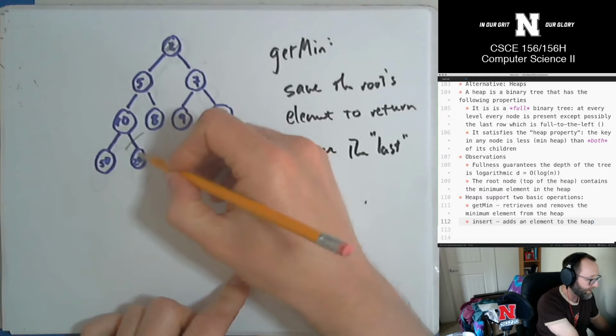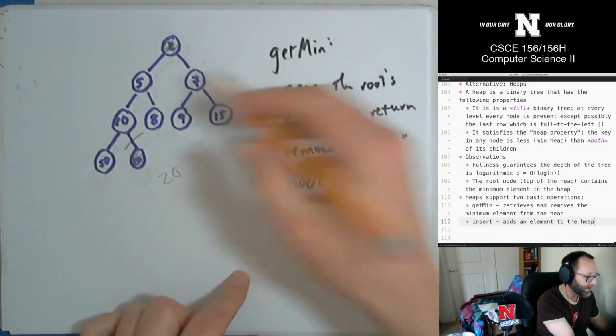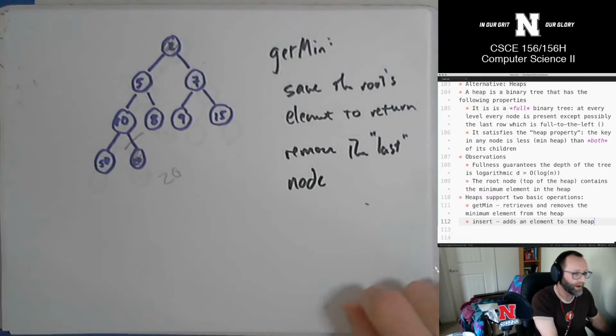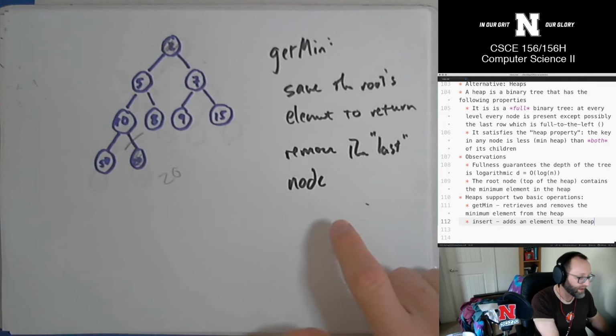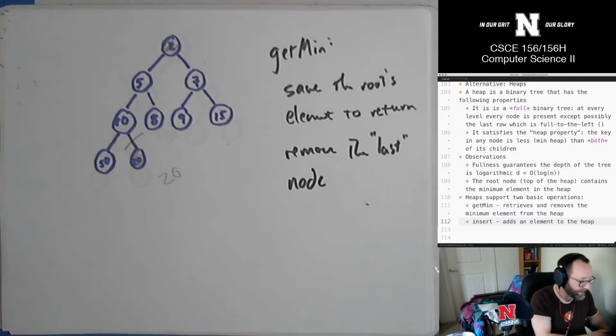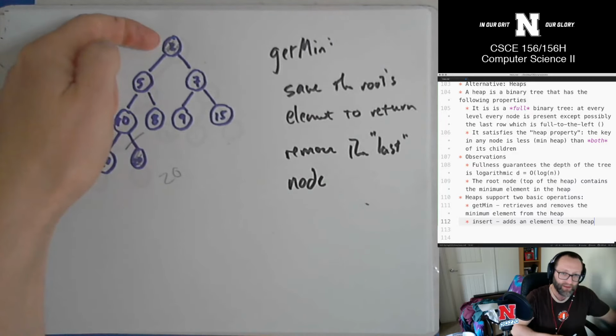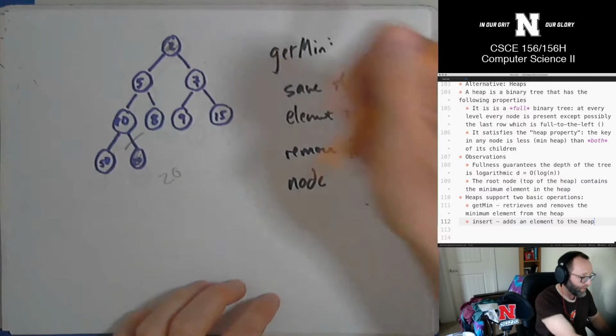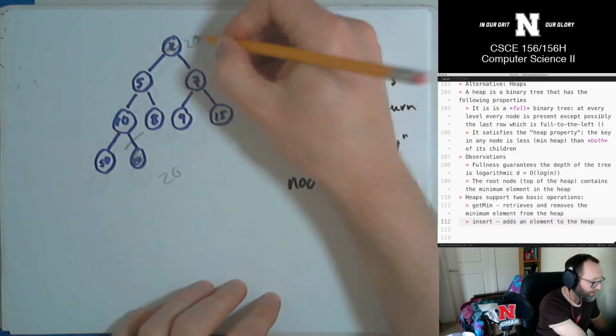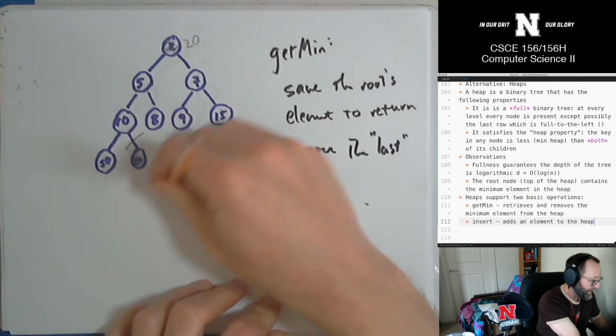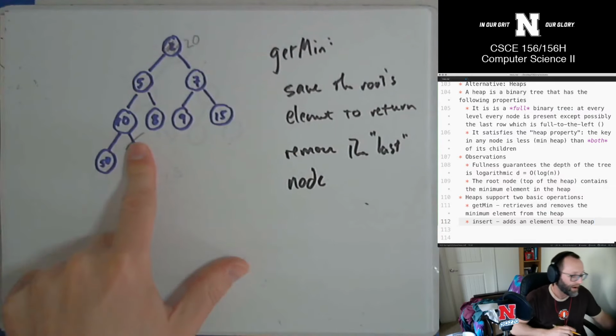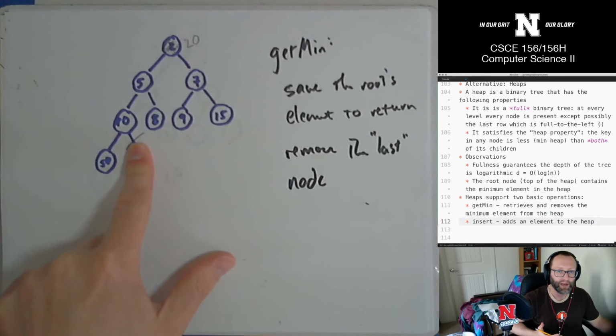I'll cut that off, and now I've got 20 sitting out here. Of course, I've saved off 2 already to return it. All right. So I need to remove the last node. Once I've done that, though, now I can solve my gap problem up here. What I can do is put 20 up there, and with this gone, now my fullness property is satisfied.